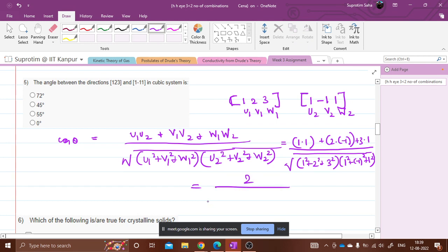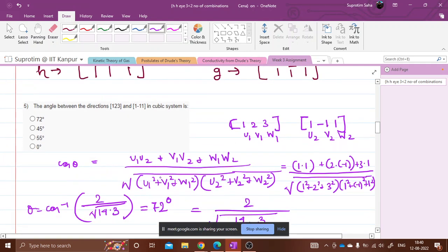So this is basically 2 by root of 14 times 3. So if you do this, theta equals cos inverse of 2 by 14 times 3, right? This will give you the answer as 72 degree. Simple and straightforward. So the answer is 72 degree.